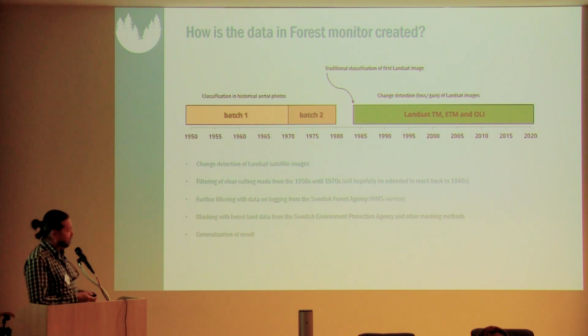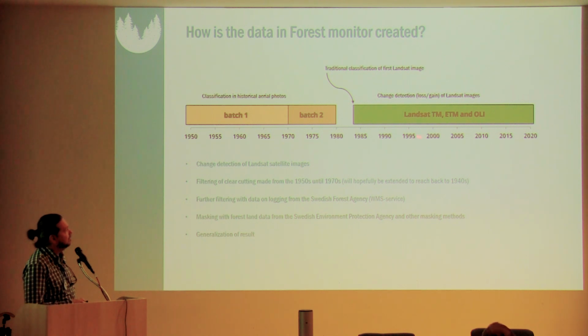A little bit about the methodology. As I said in the beginning, we are working with 2 sets of data, basically. We use Landsat only for change detection to do a retrospective analysis back to the 80s.